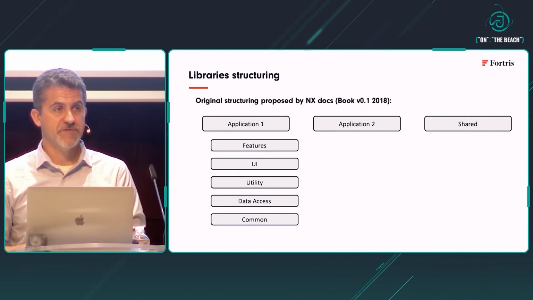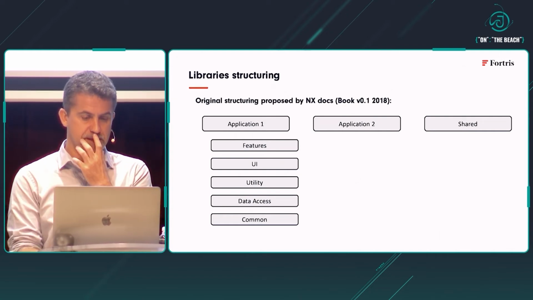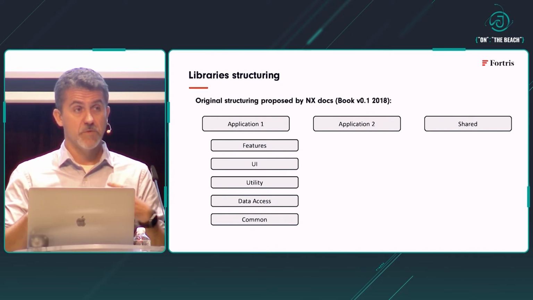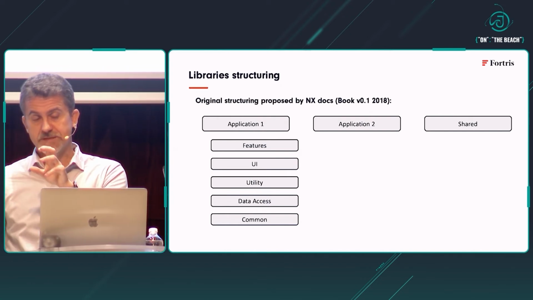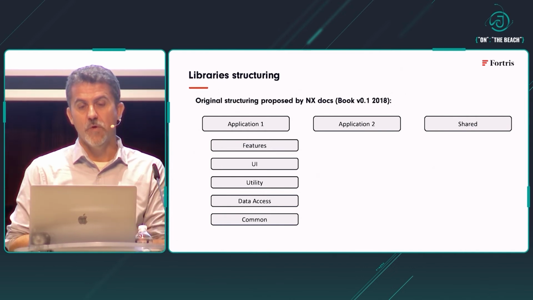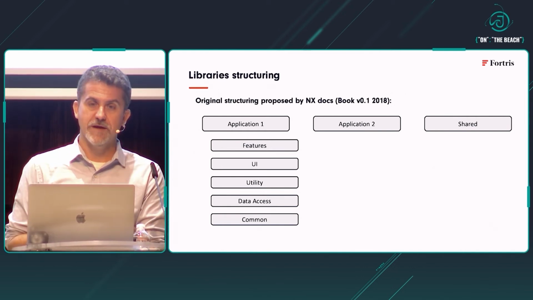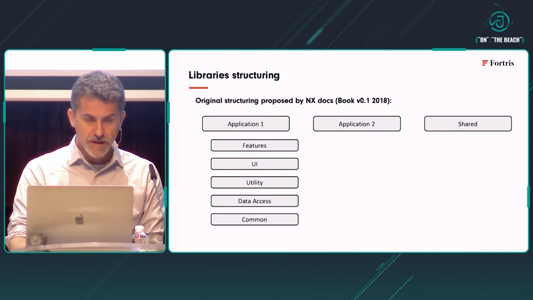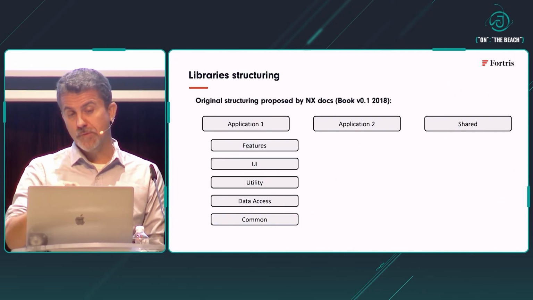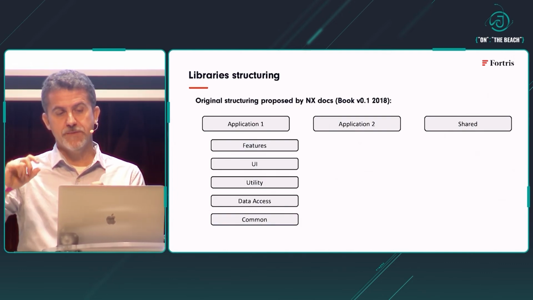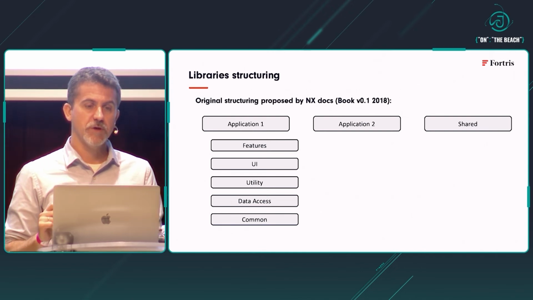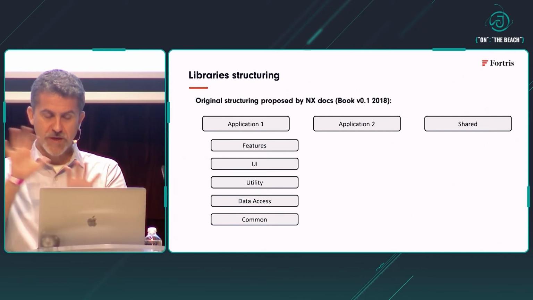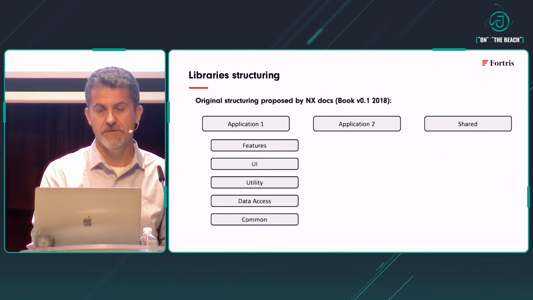Utility for some classes that we want to use as a helper, with some logic there. Data access, as I mentioned, some services that can access the backend for frontend, or in the case of the backend for frontend, the backend. And also common, for when we want to share some code within the same application, but not between applications, so we can control more or less what we have.